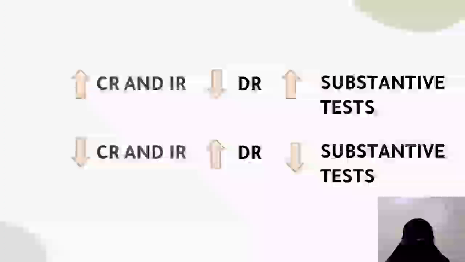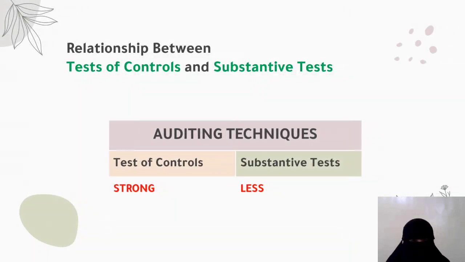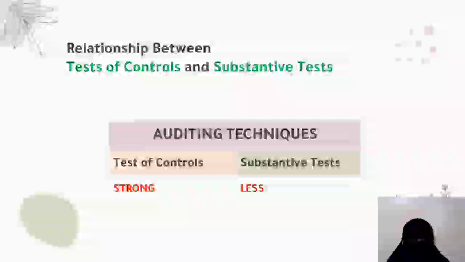So, both tests of controls and substantive tests are auditing techniques used for reducing audit risk to an acceptable level. The stronger the internal control structure as determined through test of controls, the lower the control risk and the less substantive testing the auditor must do. This relationship is true because logically, the likelihood of errors in the accounting records is bababa talaga when controls are strong.